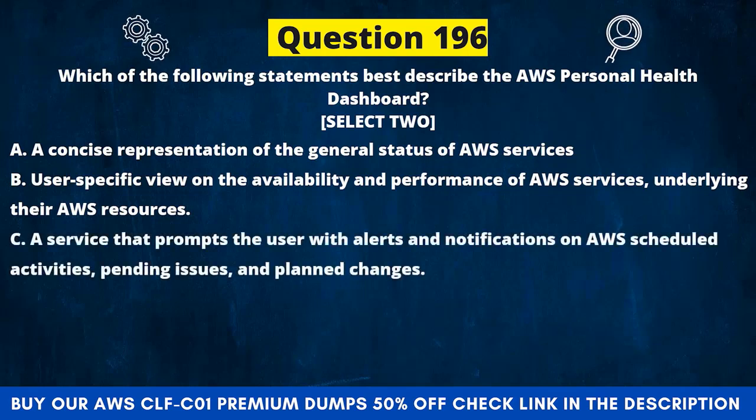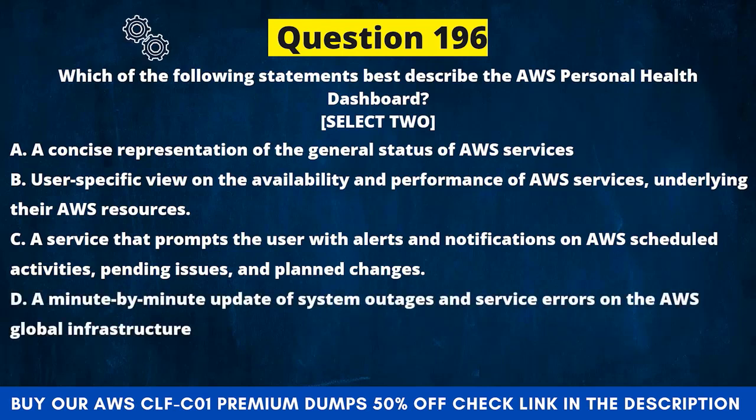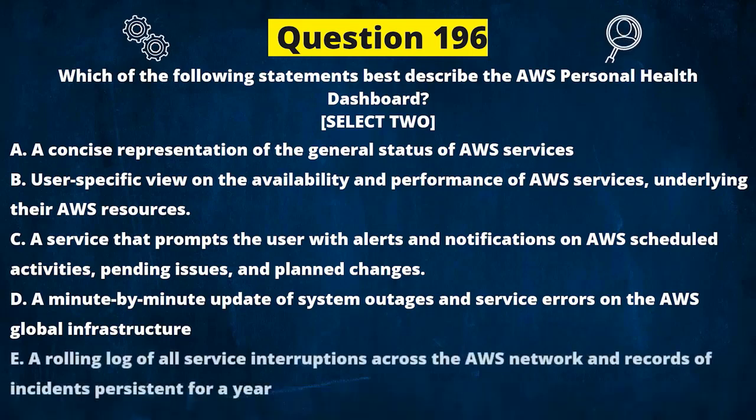C. A service that prompts the user with alerts and notifications on AWS scheduled activities, pending issues, and planned changes. D. A minute-by-minute update of system outages and service errors on the AWS global infrastructure. E. A rolling log of all service interruptions across the AWS network and records of incidents persistent for a year.